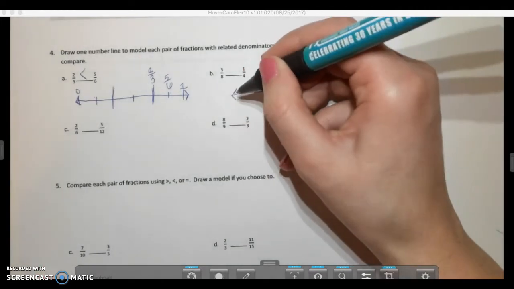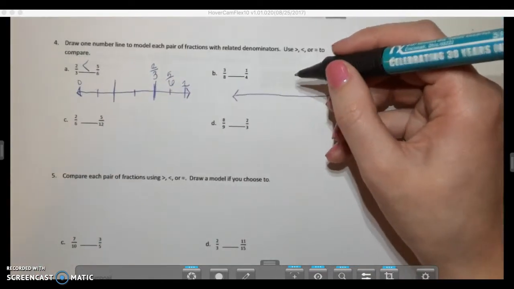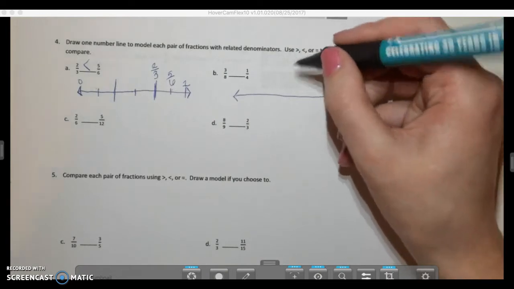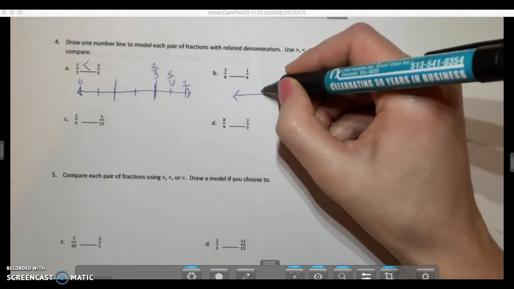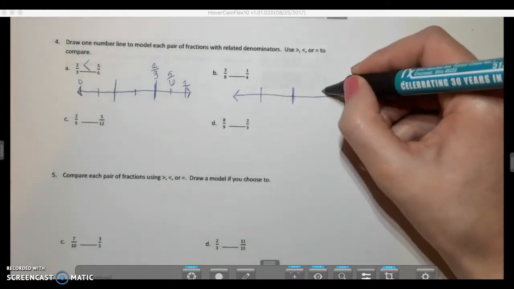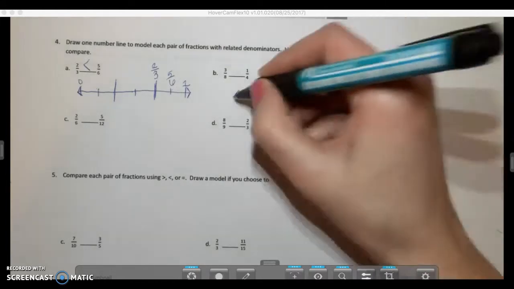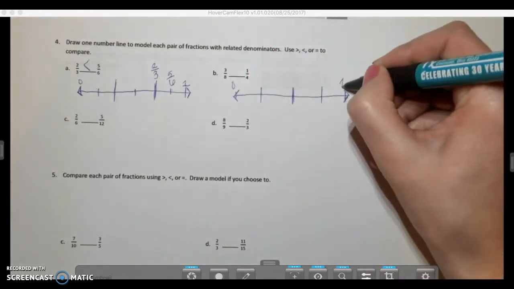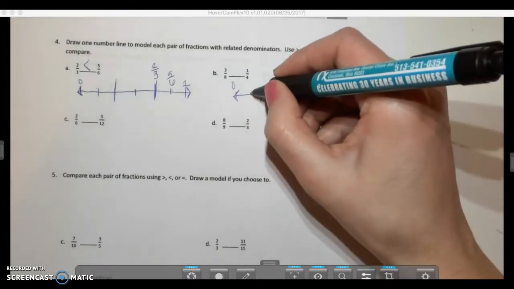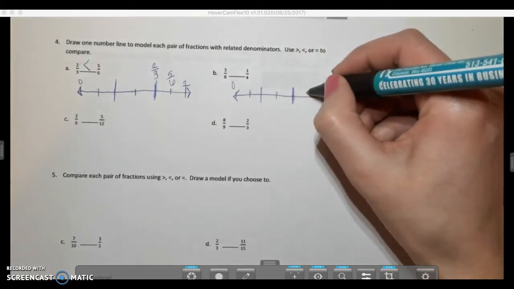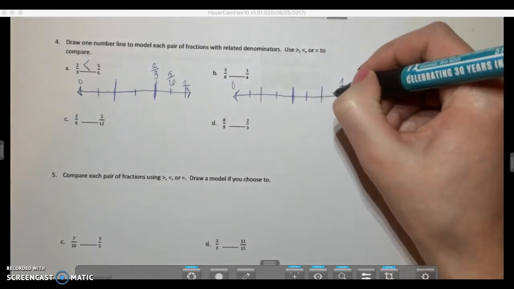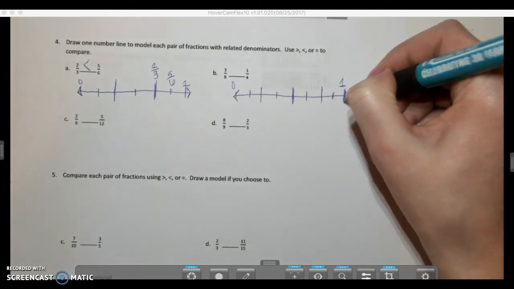On my number line, looks like I'm going to split this one into fourths first. My big tick marks. There, now I have fourths with a 0 and a 1. Now I'll split into eighths with my little ones. 1, 2, 3, 4, 5, 6, 7, and then 8 is here.